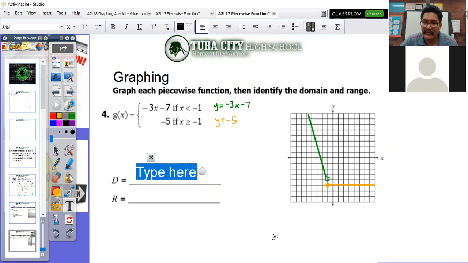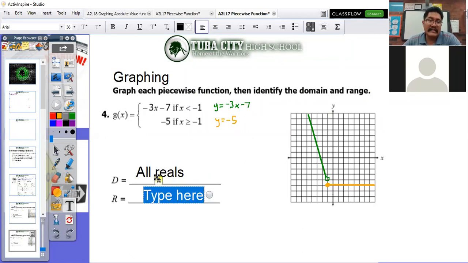But luckily it's covered by the orange line below it. So there are no holes in this line because, even though we look at -1 and it passes through the green end, it will reach the orange line. So in this case, the domain is all reals.